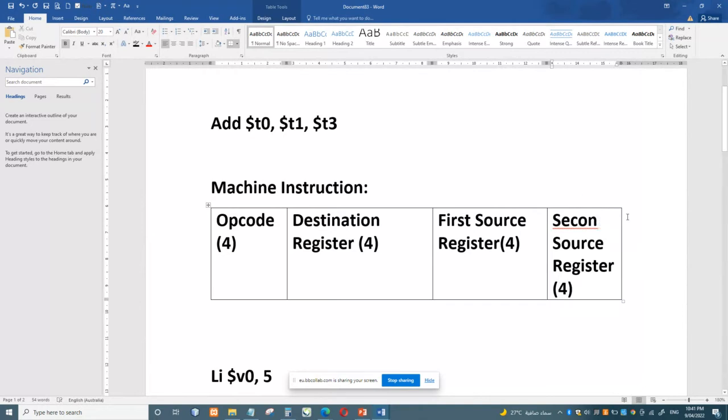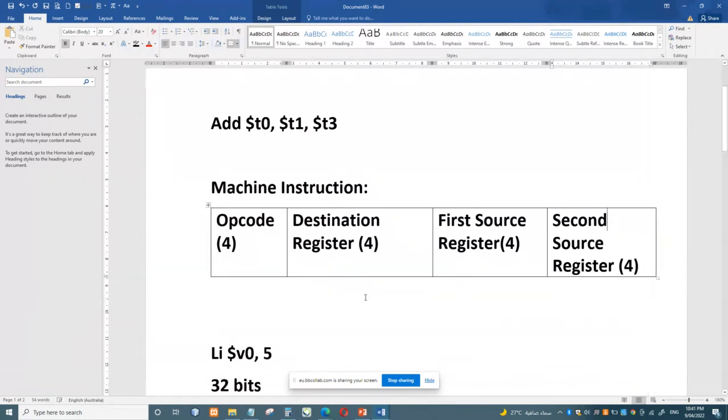Now what will happen if we have, say, add with opcode 1101. This is our opcode add. Destination register number T0 is, for example, number 16. With 4 bits, we cannot represent number 16.